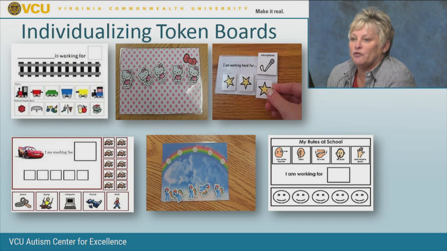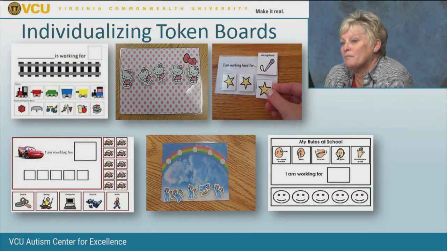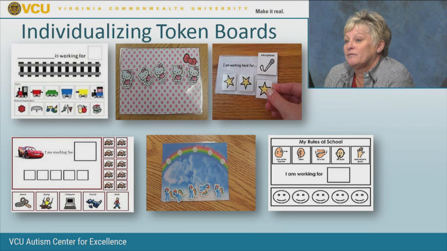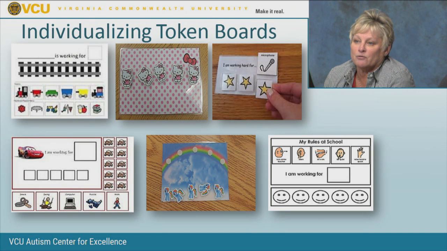This slide gives you a few examples of how you can arrange your token boards. The top left board uses a railroad theme and lists all the possible choices the child can earn. The Hello Kitty board has the tokens on the front, and if you flip it over, it has possible choices on the back.